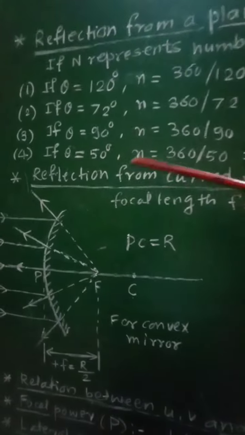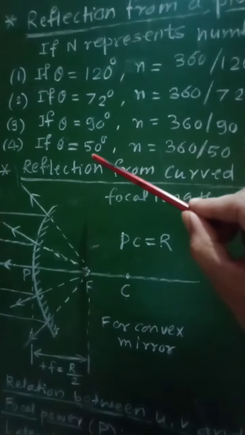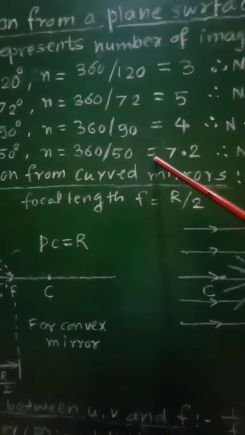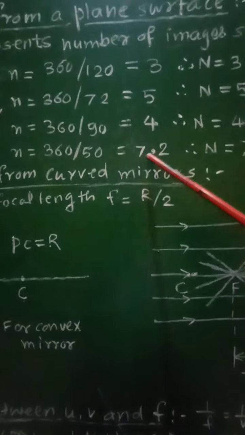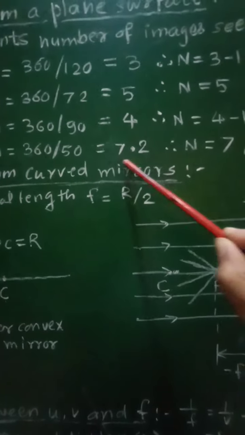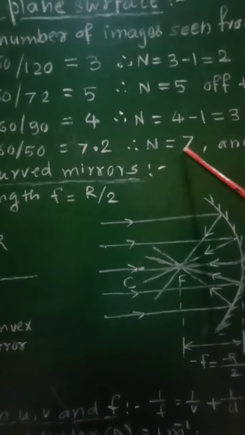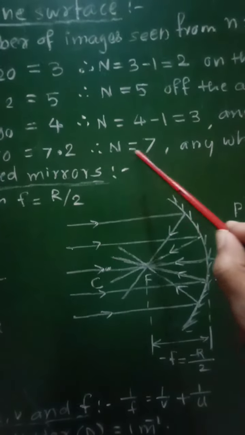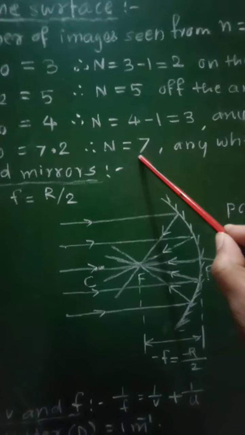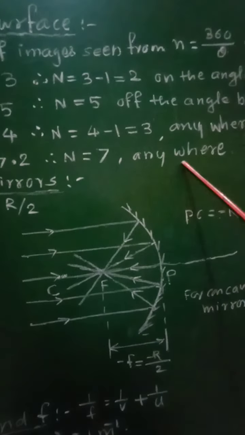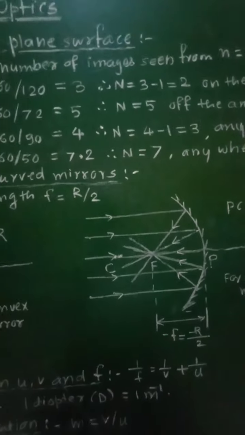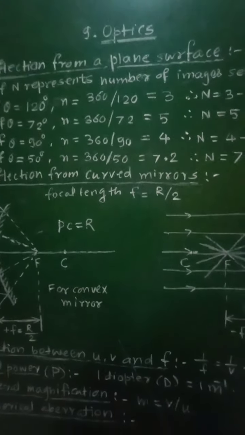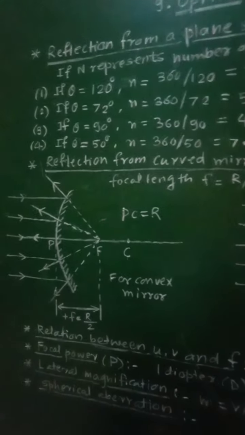As an example, if theta is equal to 50 degrees, n will be equal to 360 upon 50, that will come out to 7.2. So the integral part is 7, and therefore n is equal to m, that is n is equal to 7. So the number of images seen will be equal to 7. Again, the position of the object will be anywhere between the two parallel mirrors or between two inclined mirrors.